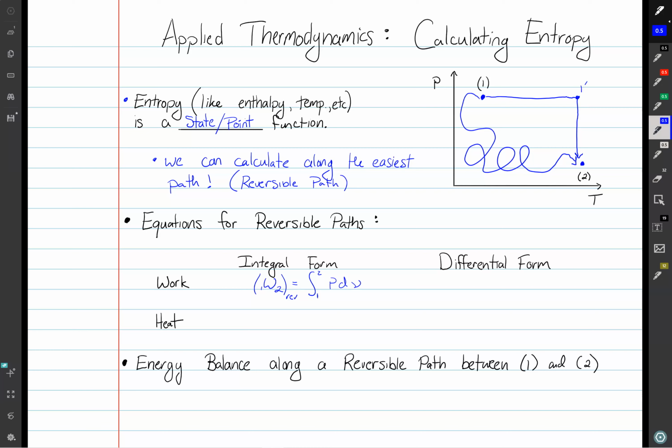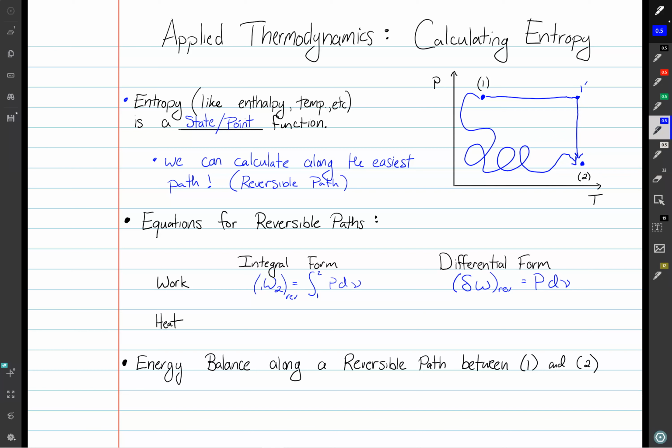This is the integral form, the one that we've most commonly used, but we could take the differential of each side, and we would get, I'm going to write some funny notation, just write it with me, this funky looking d w reversible equals P d specific volume. I'll point out exactly what that symbol is. Just write it like that.